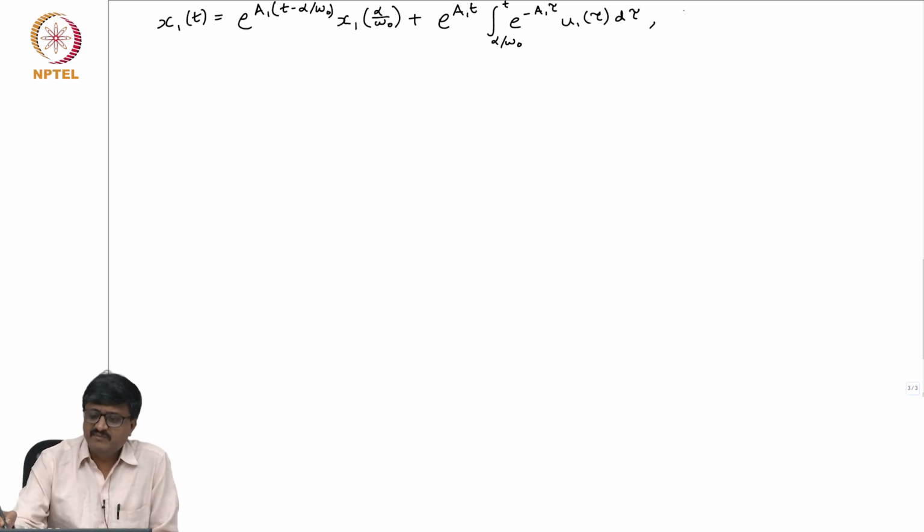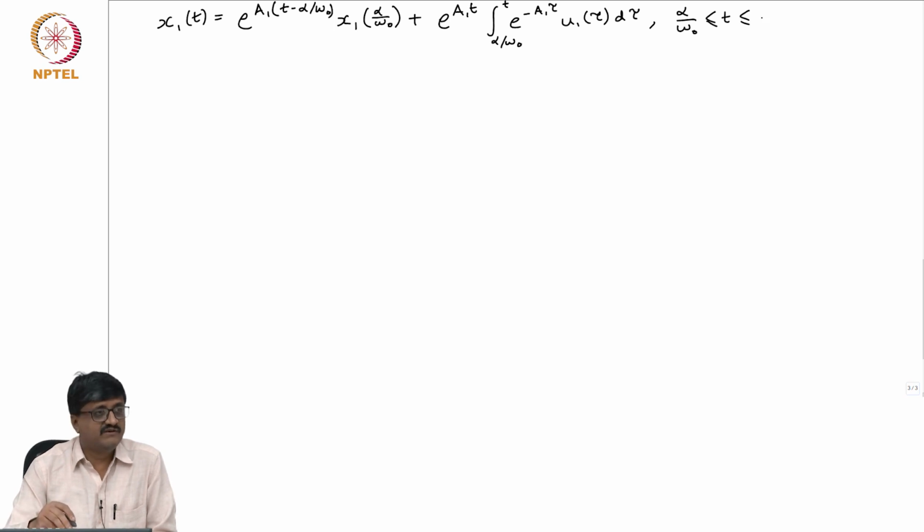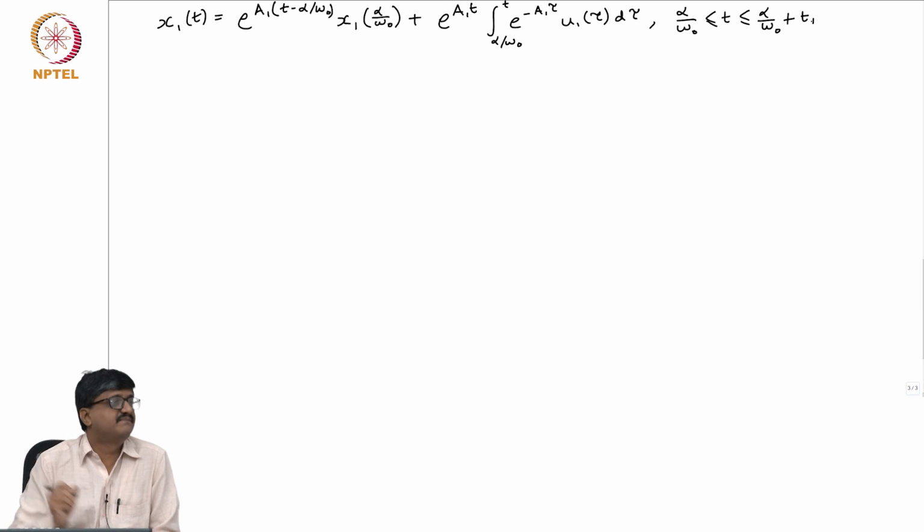And this is applicable only from alpha by omega o to what? We are writing the solution for the first differential equation which is applicable for the first subinterval. So, the first subinterval is only up to alpha by omega o plus t1.